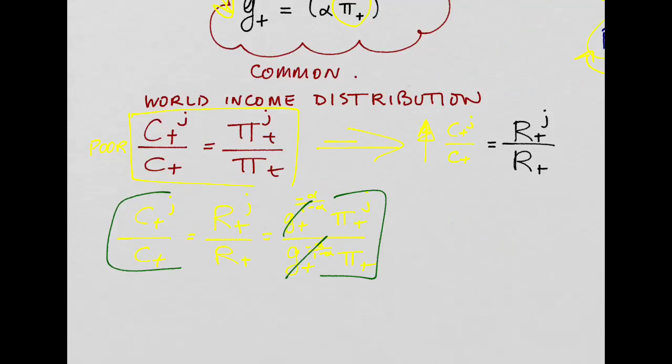Now let's think about this for a little bit. If you're a poor country, this is usually going to be less than 1/2, so you're going to be consuming less than the average of the world. Because without the bubbles you're less productive than the average, so you're able to produce less with the same, so you consume less.